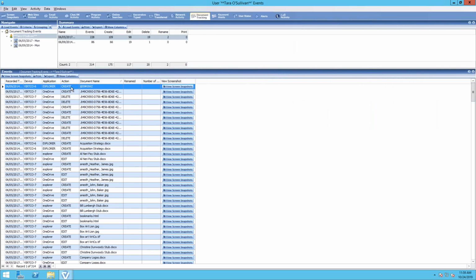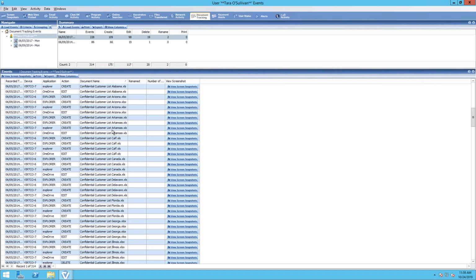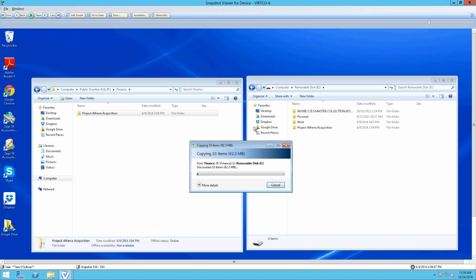So you can see the creates, which are essentially copies, deletes, edits, or renames. And you can come down and there's your confidential customer lists. So say she's stealing customer lists with sensitive customer data, potentially identity theft, whatever the case might be. And then you can actually view the screenshot and you can see that she's copying it right there.